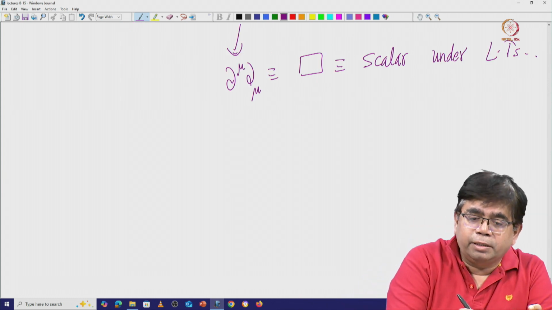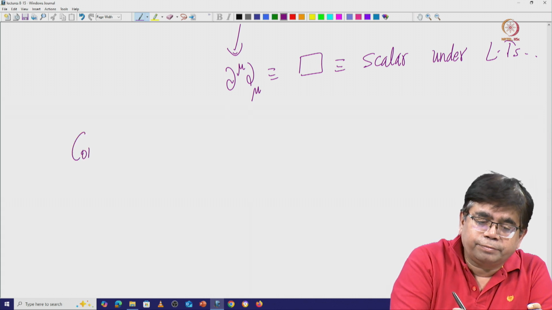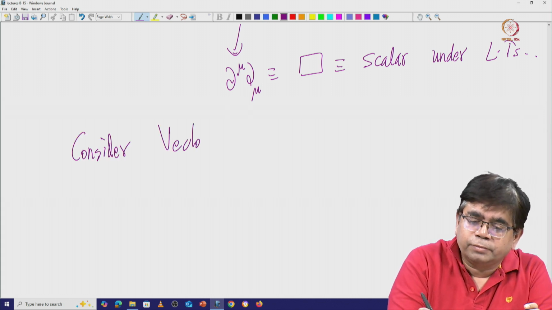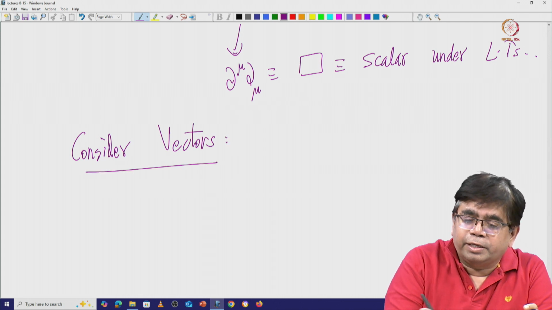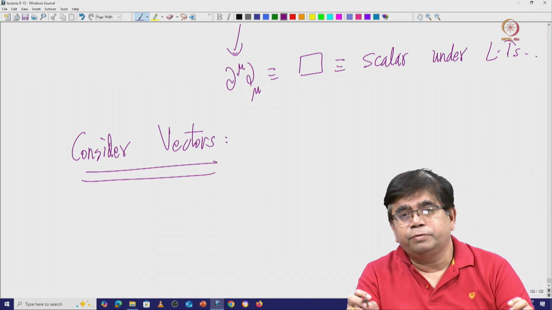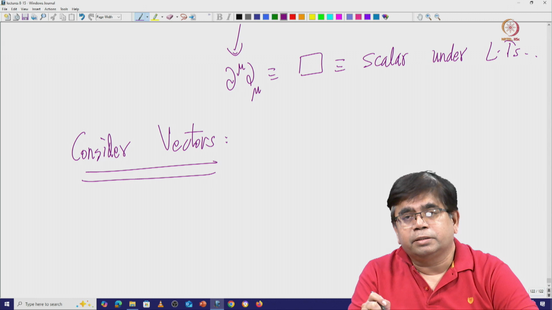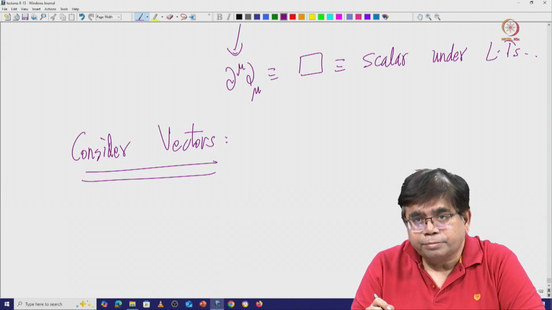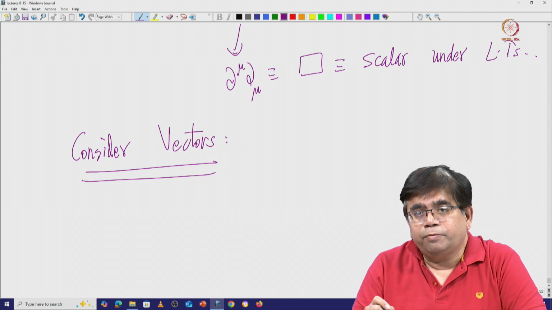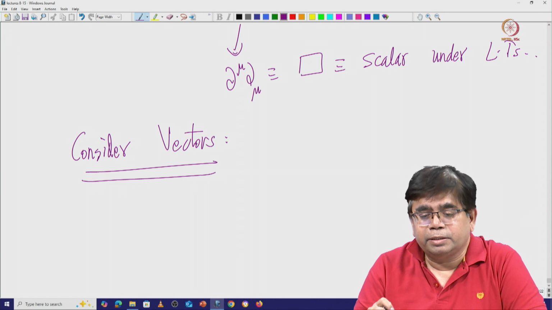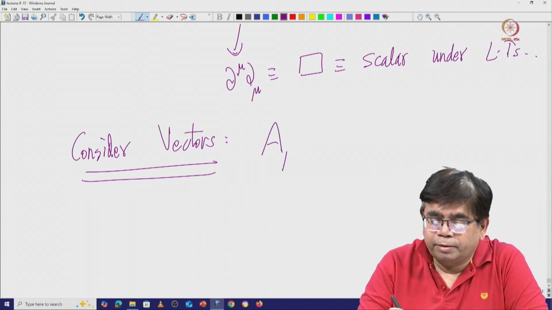Now let's consider vectors. What are vectors? We have introduced vector particles and vector fields in terms of one particular aspect, which is called A_mu.